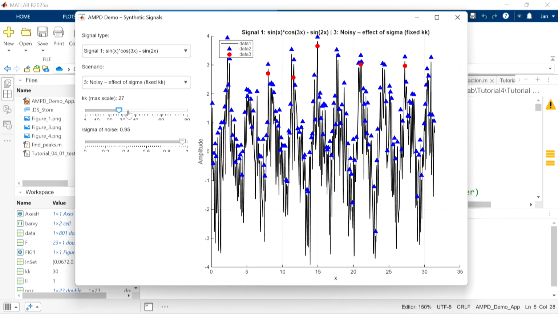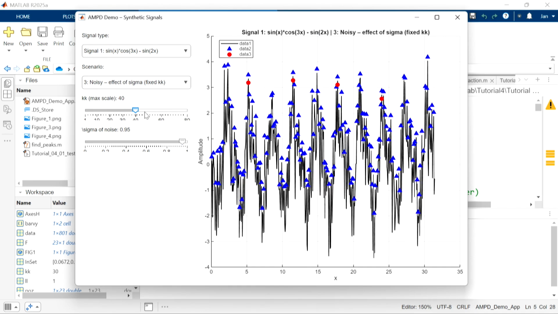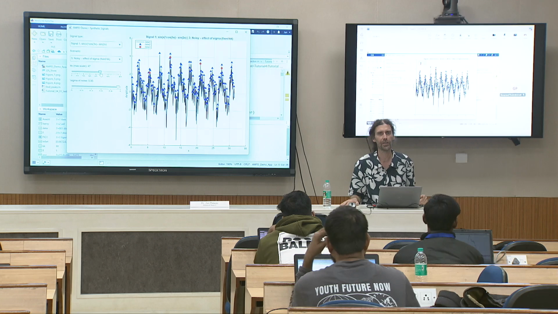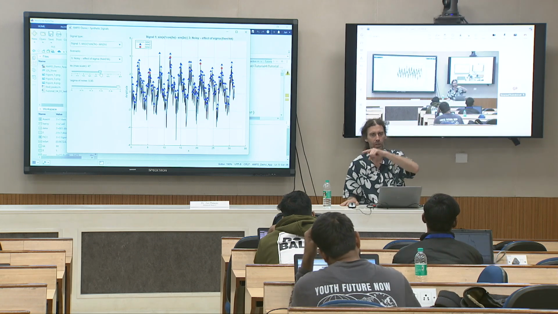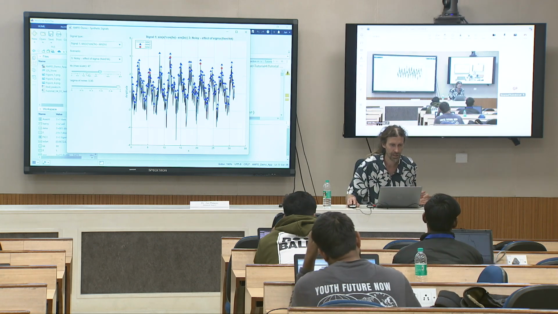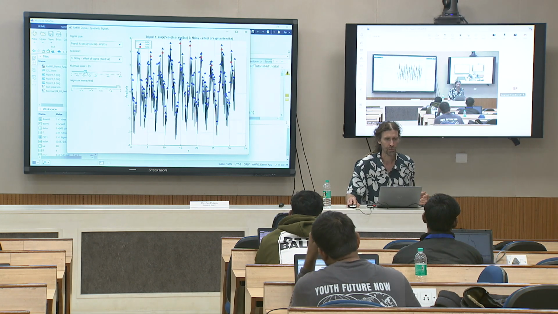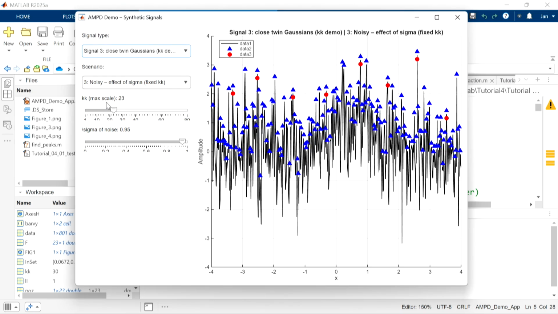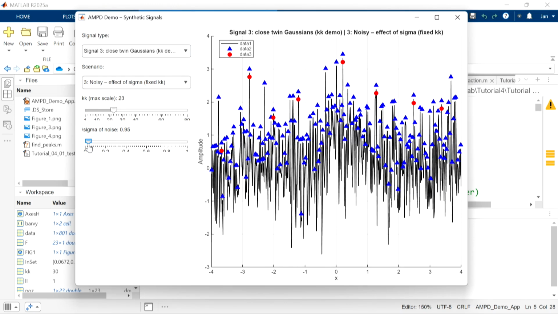And if I change KK, what does this mean? I will take a bigger averaging window, and then it even starts ignoring this local maxima, because it is too big a value. It is too much noise, it is almost 1.